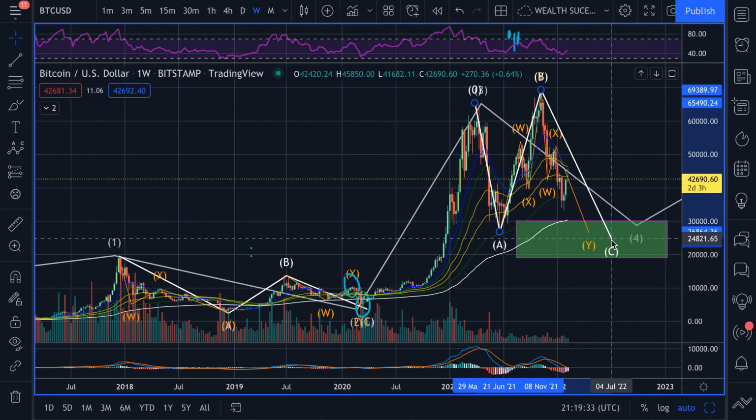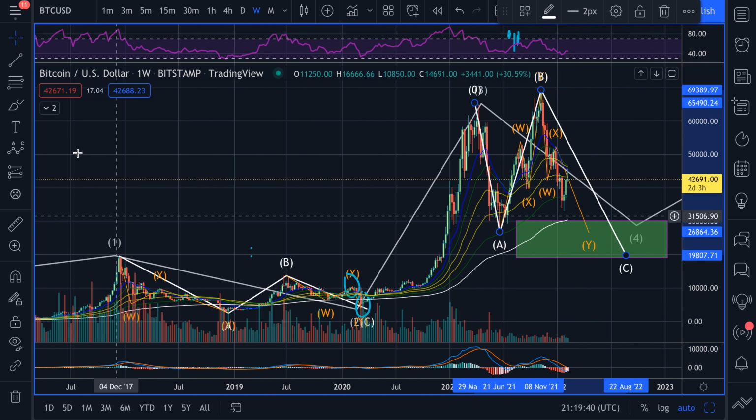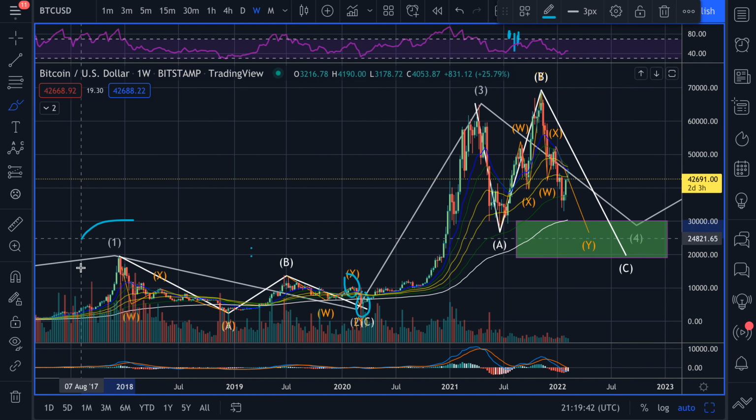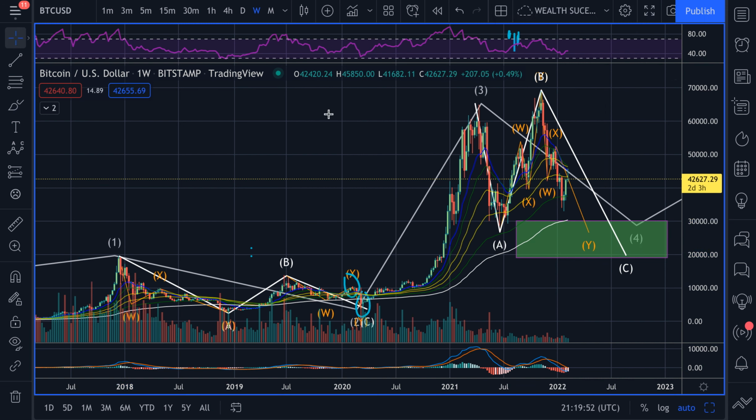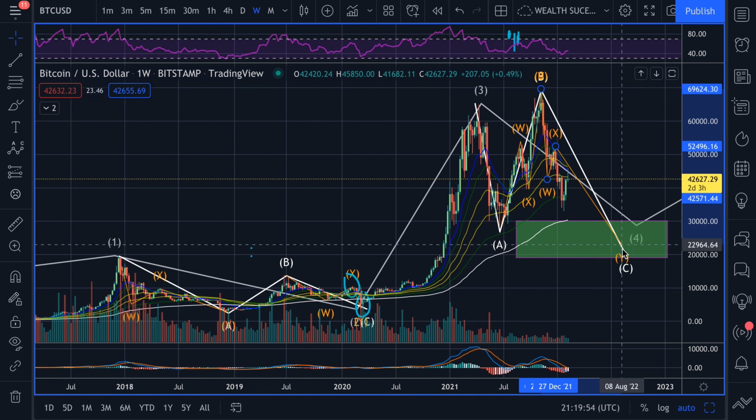It could go all the way down to the top of this previous wave. It could go all the way back and test that. And if it did, you know, this would be this.